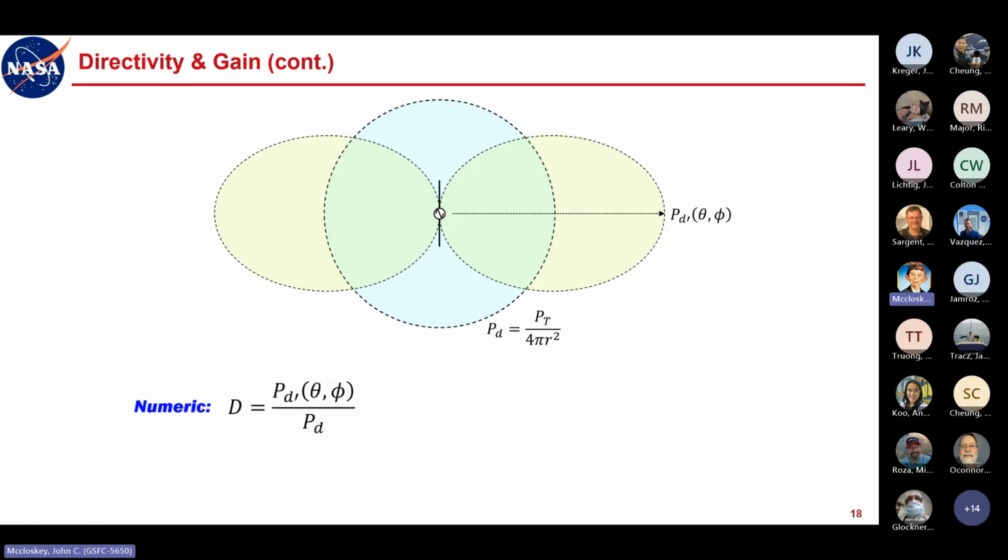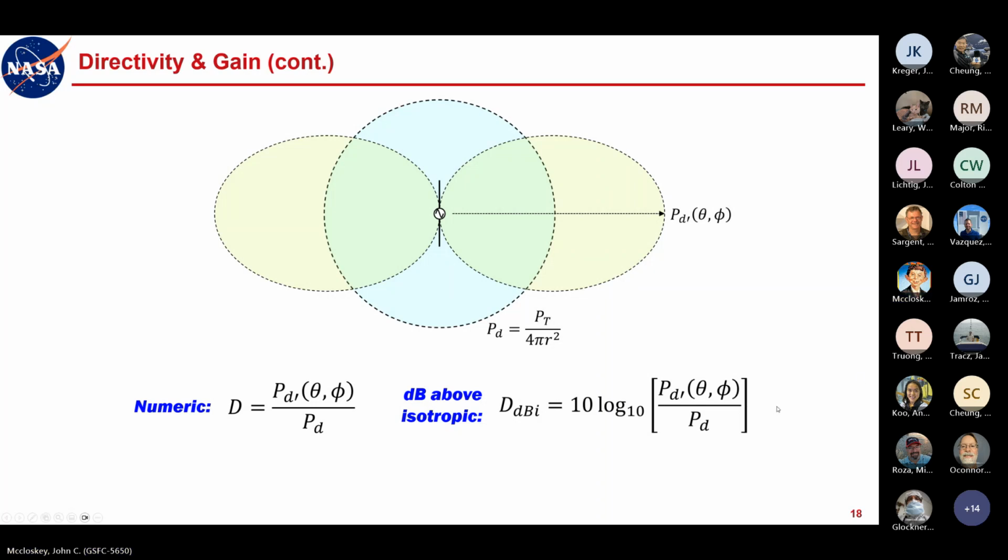The numeric value of directivity is what I just described, and then we generally express it as dB above isotropic. So it's just 10 log to base 10 of that power ratio, since we're talking about power numbers here. So that's directivity, and it's generally given as a single number at the maximum value, at boresight. If you just say it's got a directivity of 10 dBi, whatever it is, that's generally referring to the maximum directivity at boresight.